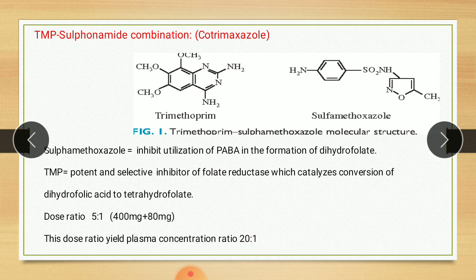So the dose of these two drugs is 5:1, sulfamethoxazole 5 and one is trimethoprim, and this dose ratio yields the plasma concentration 20:1. This ratio is found to be the most effective concentration range to exhibit synergistic effect against most pathogenic microorganisms.